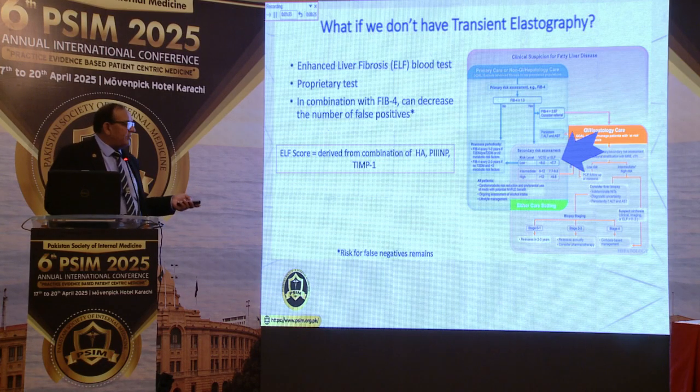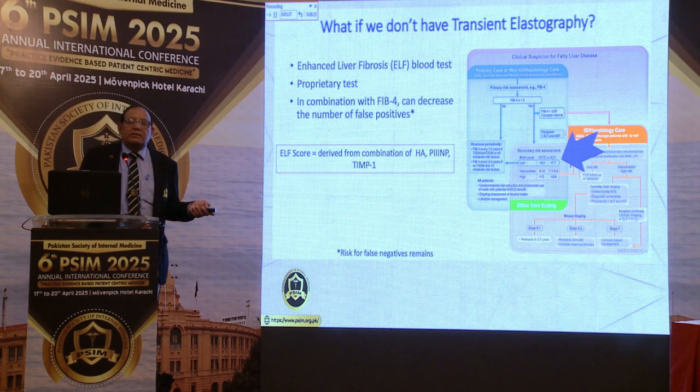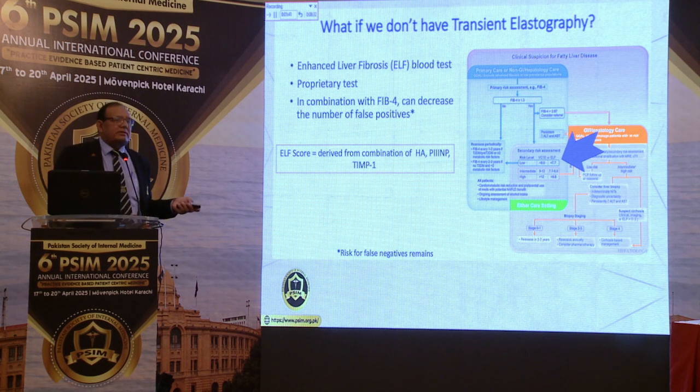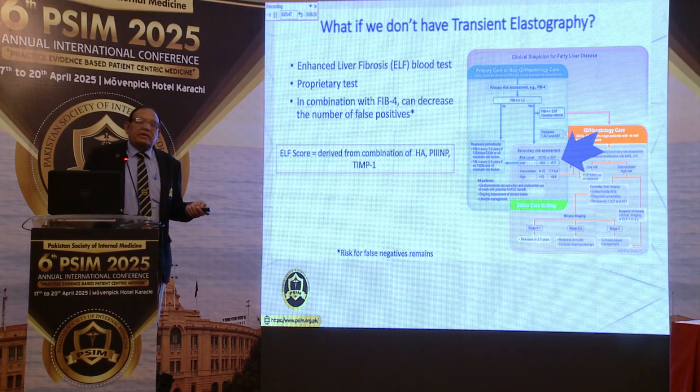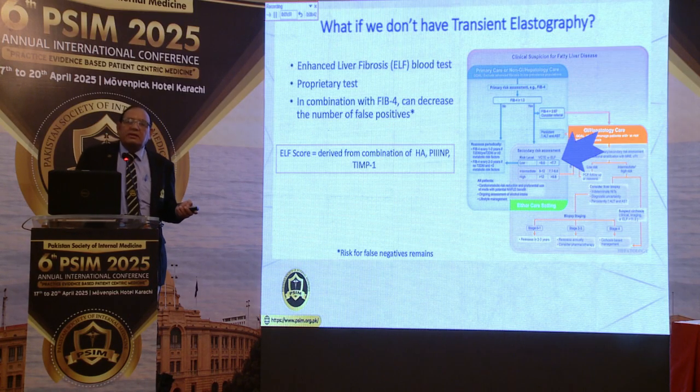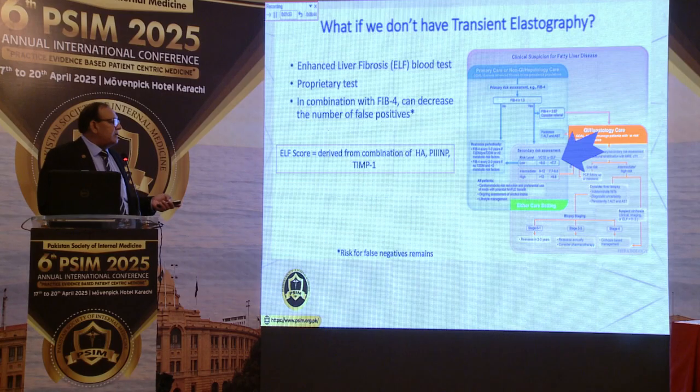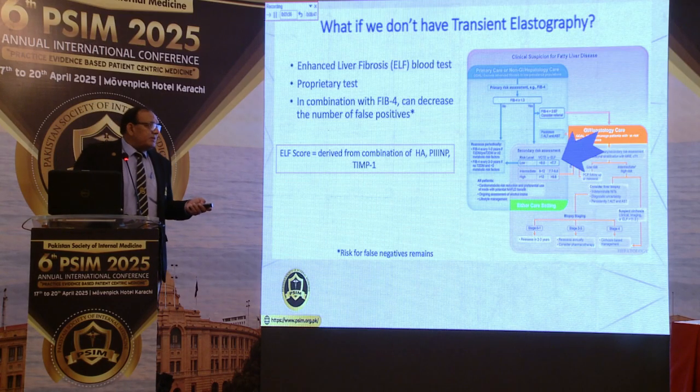Because once the patient develops cirrhosis, either she or he will have to have liver transplantation, or God forbid, develop hepatocellular carcinoma, then the game is lost from our hands. So we should try to keep the game in our hands by early detection and early sensitization of the patient.